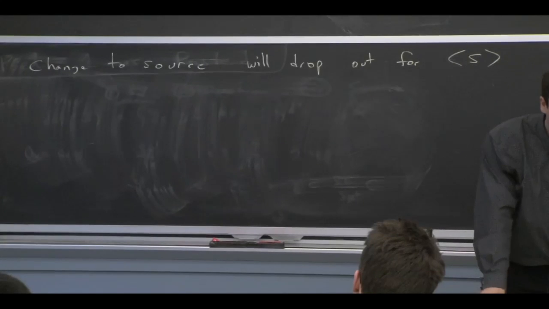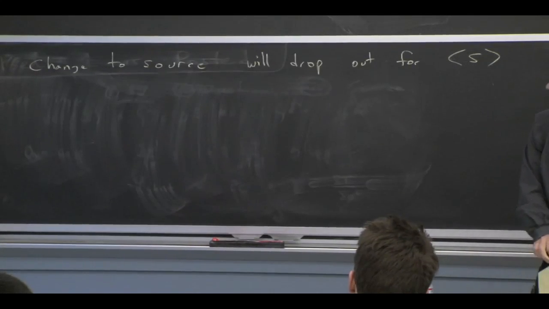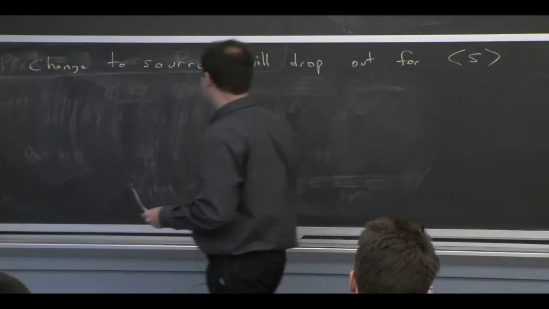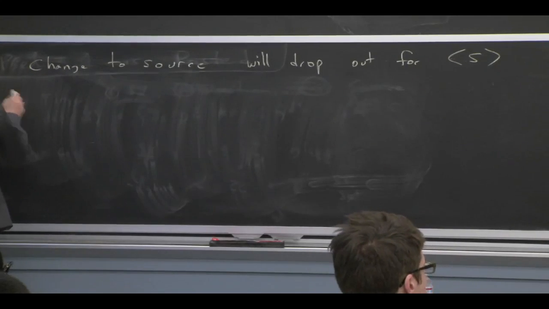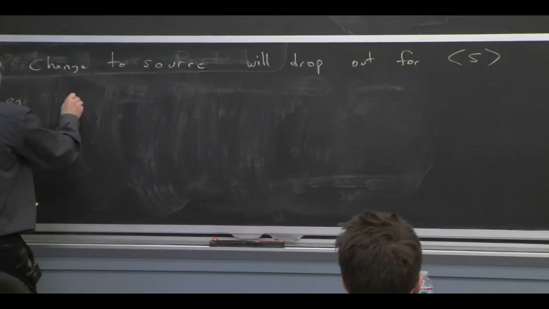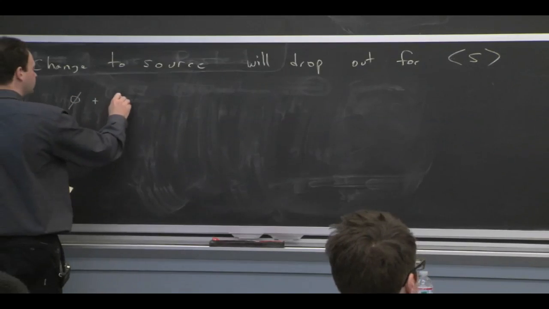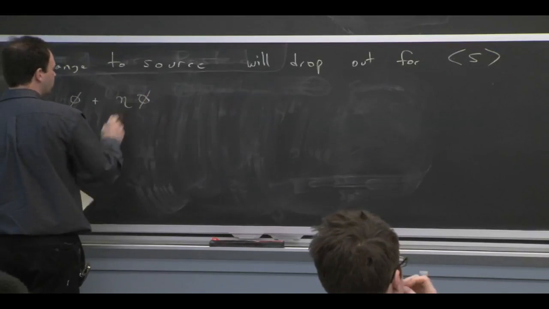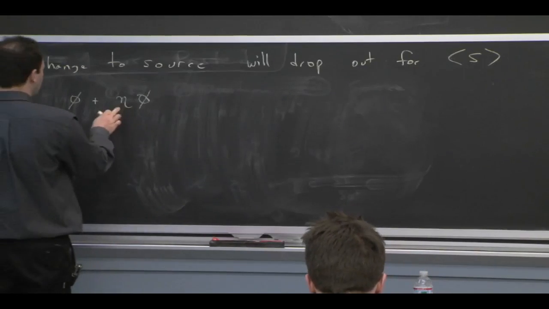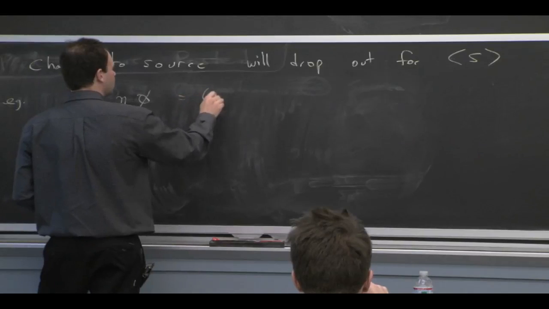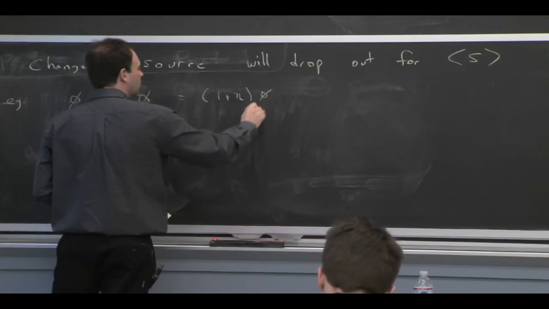So again, we can do some examples, and I think the examples fairly quickly are convincing that this is the case. We'll do 3 different examples. First, a rather trivial one. What if t was just phi itself? So t is just phi, and this is just 1 plus eta phi.